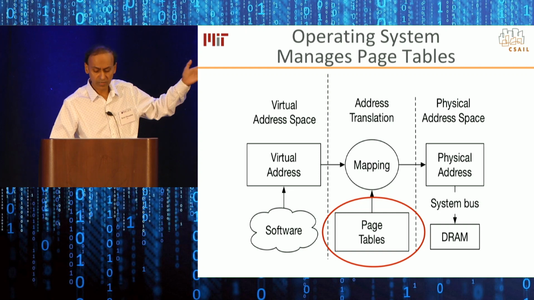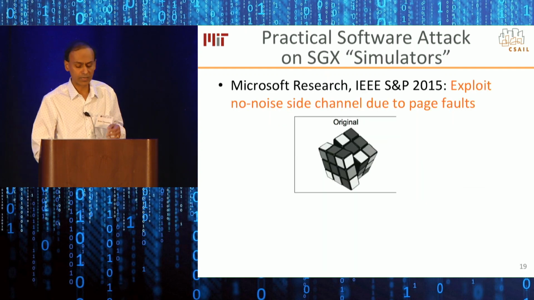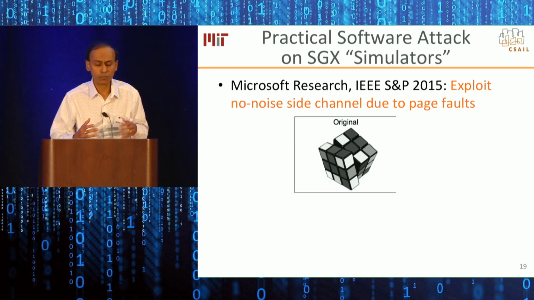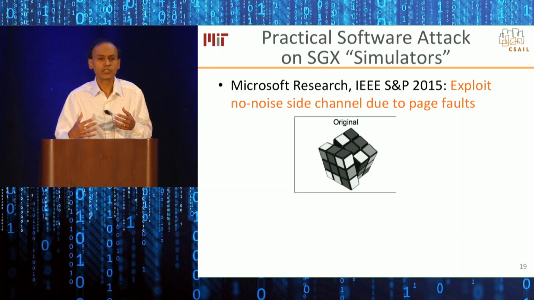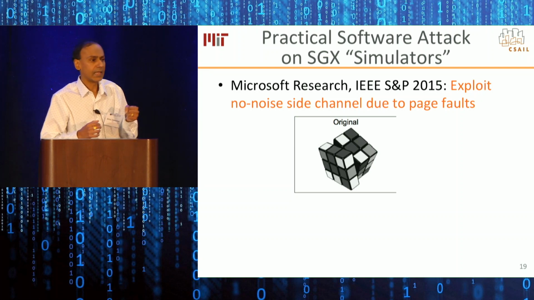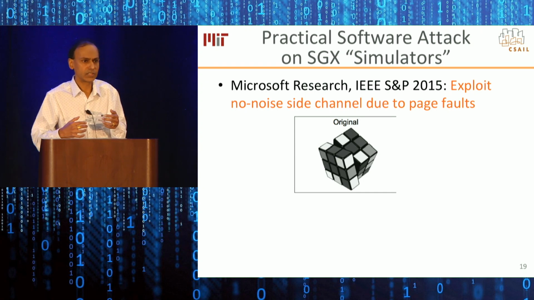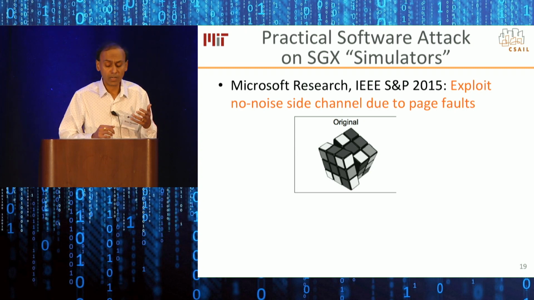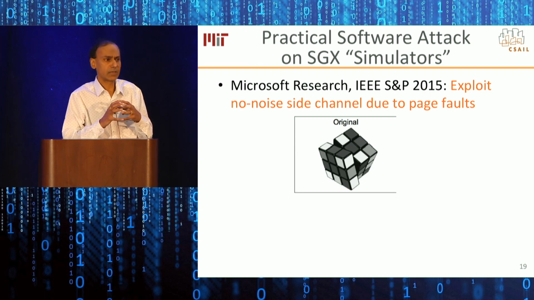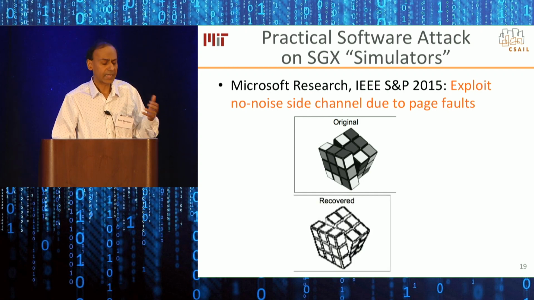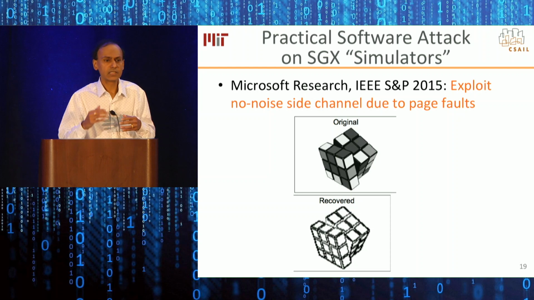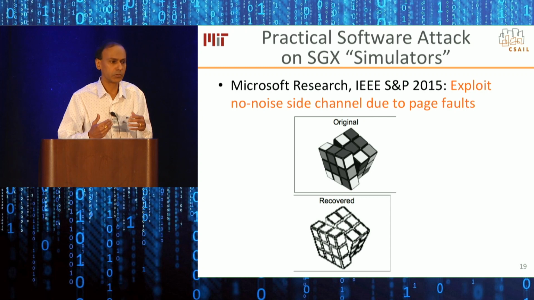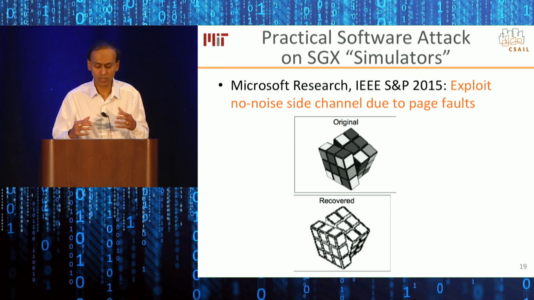So one of the older attacks carried out by Microsoft on SGX was something that said, well, if I'm trying to protect this Rubik's Cube, which is my secret data associated with the enclave, and I'm trying to compare this with a whole bunch of other public databases, and all of this is going to happen inside of an enclave, then this page fault bug, a design flaw, was essentially something that allowed the attackers to discover what you see down at the bottom, which is every once in a while you see a pixel or the value of a pixel associated with this particular cube, which is really a coarse rendition of this cube.